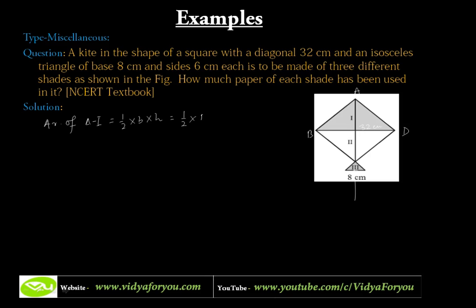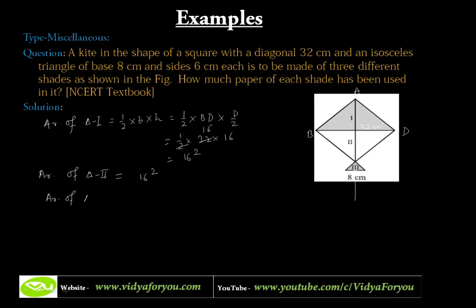So you can take BD as the diagonal, and the height will be half of the diagonal. So half into 32 into 16, that is 16 square. Area of triangle 2, you will get the same thing, 16 square.